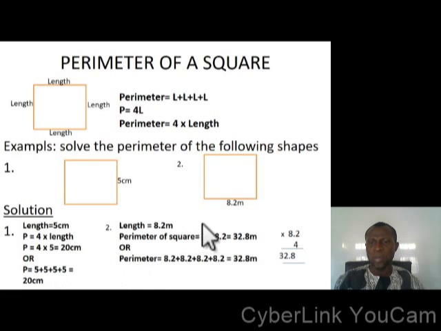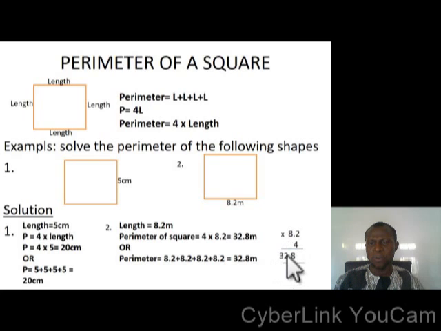Then for number 2, the length is 8.2 meters. We use the same formula, which is 4 times length. So the perimeter of a square will now be 4 times our length, which is 8.2. This is where we demonstrated it. 4 times 2 will give us 8. Bring down your point. 4 times 8 will give us what? 32.